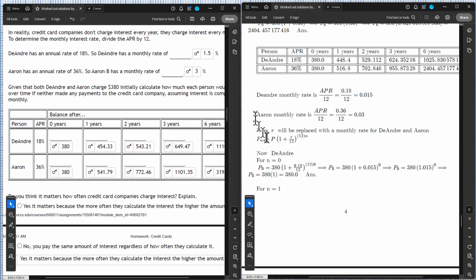Okay, and there's their formula for compounding here. So n is going to be the number of years. I'll put this formula into Desmos.